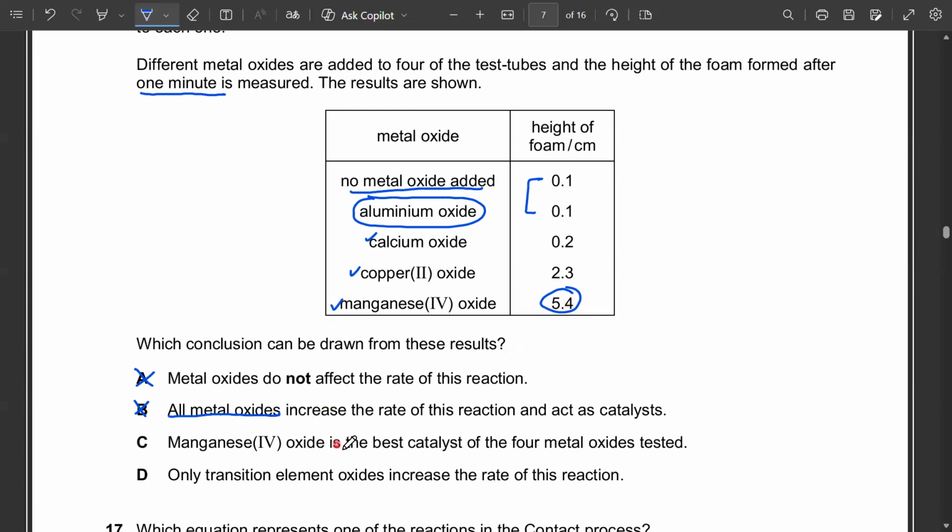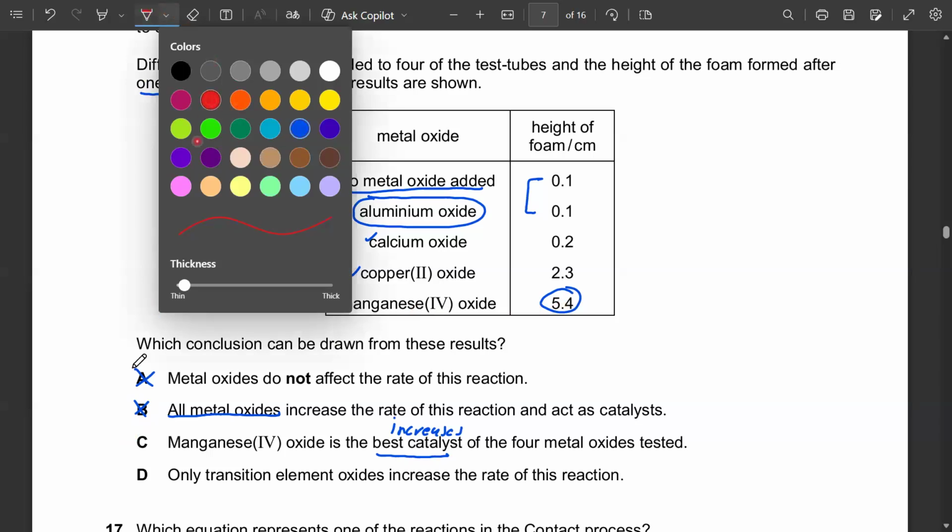That means it is the best catalyst. A catalyst increases the rate of the reaction. So so much foam is produced by manganese oxide. That's why C is the correct option.